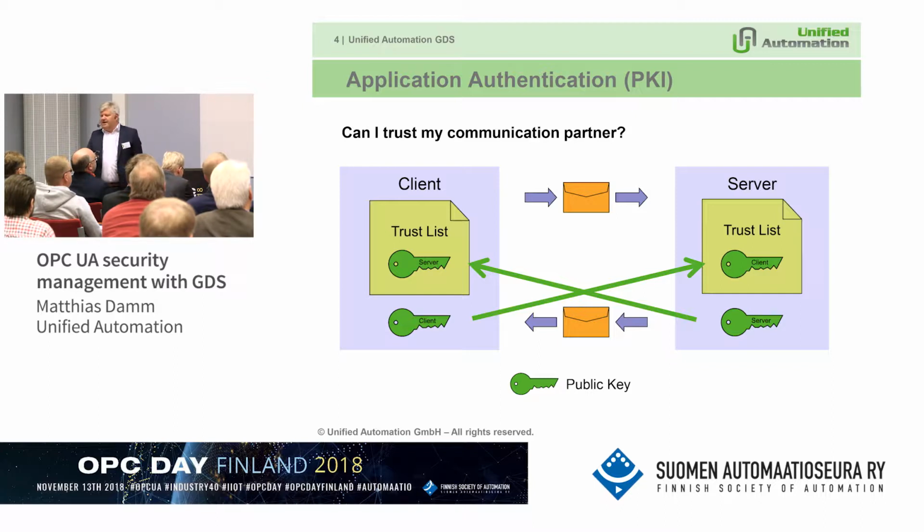How can I identify my communication partner? So the public key of an OPC UA application is used something like a passport. And in a simple case, the client and server applications have trust lists where they have like a white list of applications they are allowed to talk to.